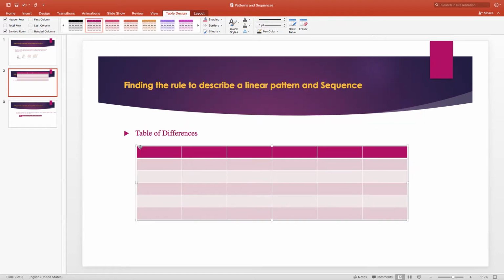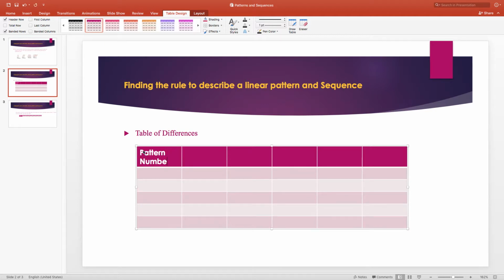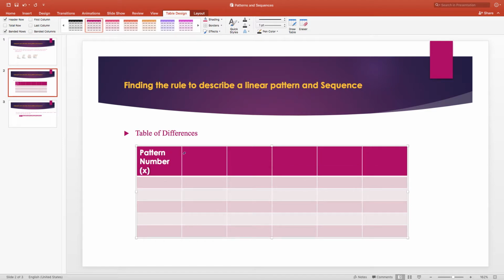So I'm going to put this table in. In the first column we put pattern number, and that's going to act as our X variable. In this column here we put number of matchsticks, and that's going to act as our Y variable.